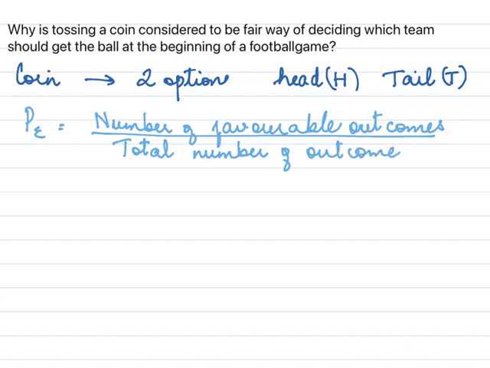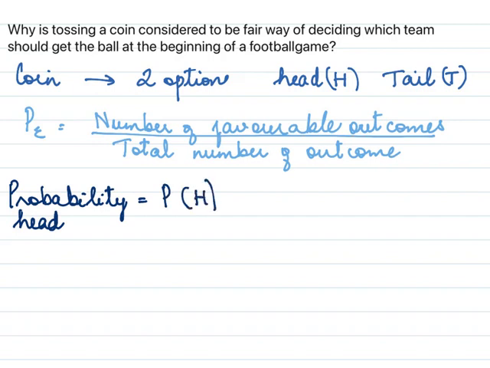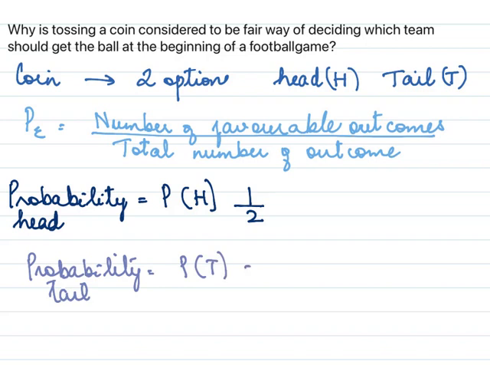Now the probability of getting a head, we write as P(H). It could be 1 out of 2. There are two outcomes, one could be the head. And the probability of getting a tail, which we denote as P(T), could be 1 out of 2. 1 is a favorable outcome, you can get one tail, and total outcomes are 2, so 1 out of 2.